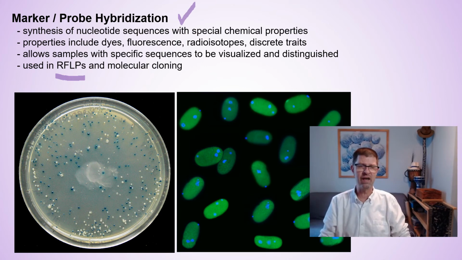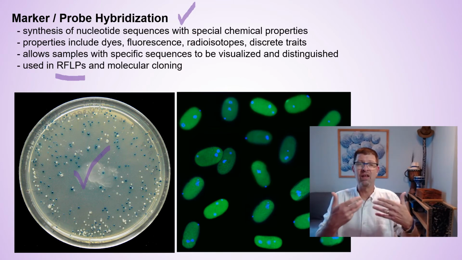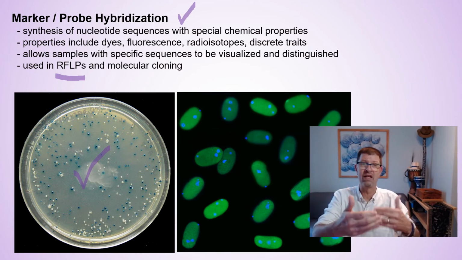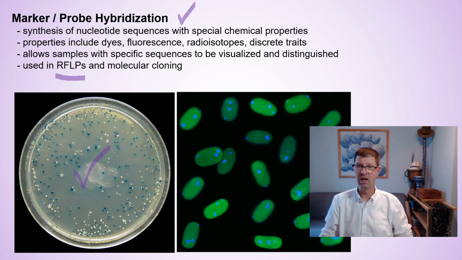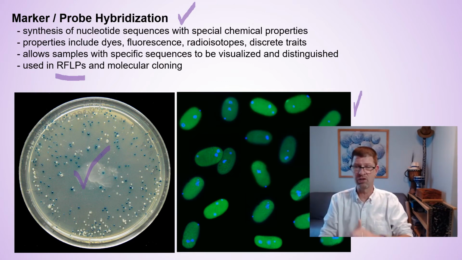In this case, we've got DNA growing in colonies in a dish, and the blue colonies started from bacterial cells that have the gene that we're interested in. So we can ignore the little white colonies and only harvest the little blue colonies. That is marking the DNA with a probe that gives it some color. And over here, we have a picture of some cells, and we put a fluorescent probe on the DNA so that we can see little bits of DNA inside these cells that are fluorescing.